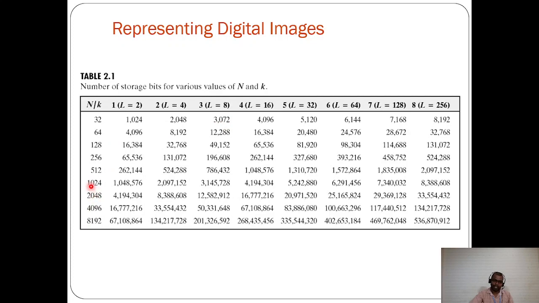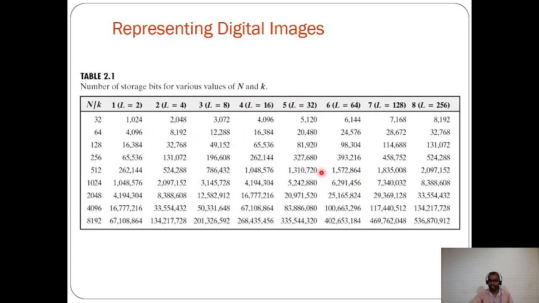Suppose you take a 1024 by 1024 image with 3-bit representation, then 3145728 is the number of bits required for the particular image. Okay, so this n is nothing but a dimension value.